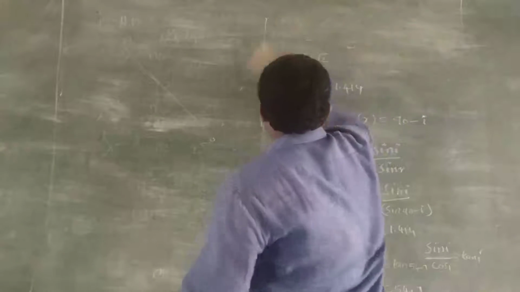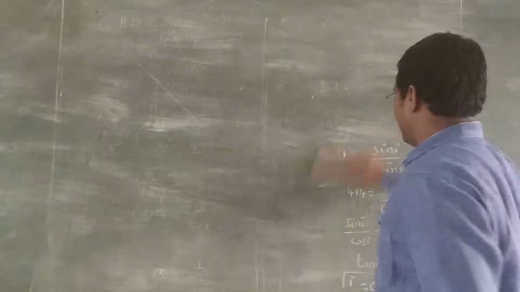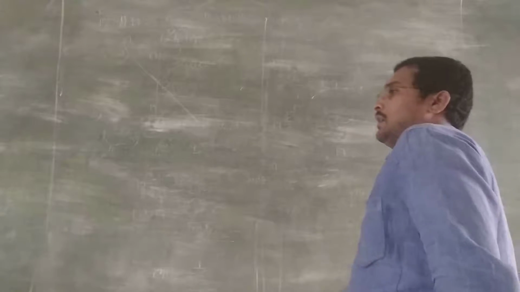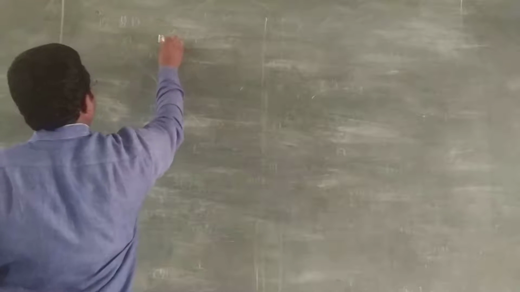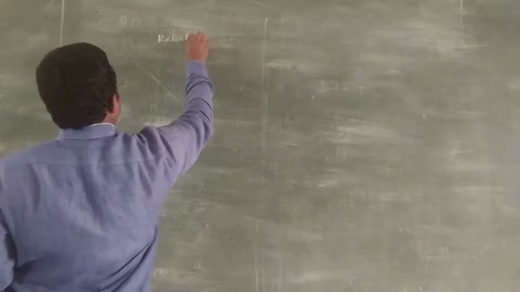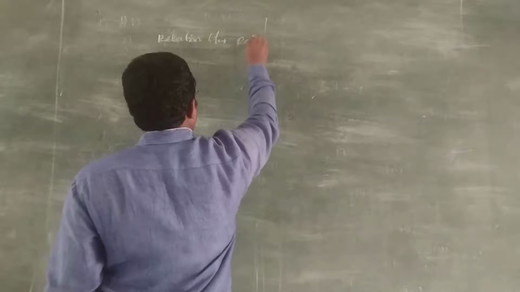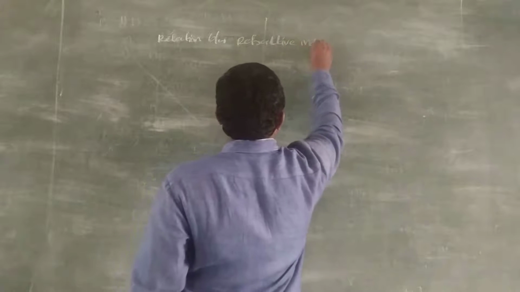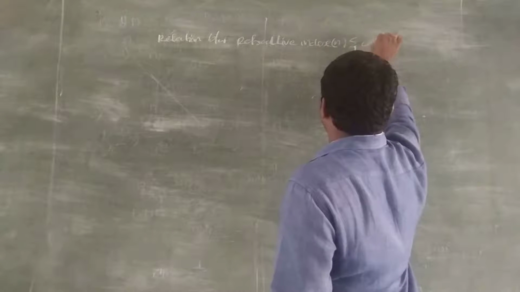And the next problem is based on the relation between, note down, very important for a 2 mark question, the relation between refractive index n and critical angle.